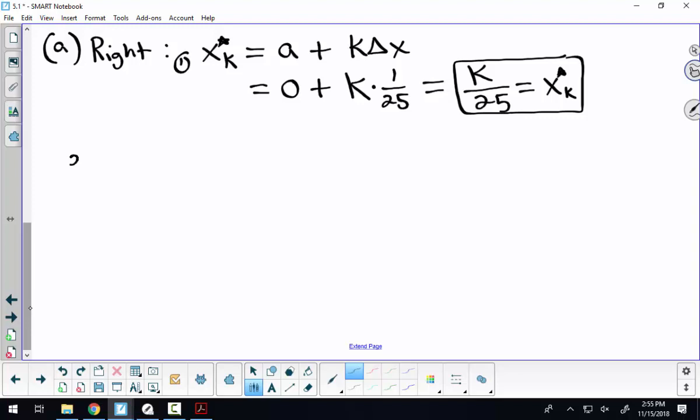Step 2, we evaluate the function at x star sub k, because that's what's involved with the sum. Our x star for the right Riemann sum was k over 25, and our function was x cubed plus 1. So our function is going to take this input, cube it, and add 1.